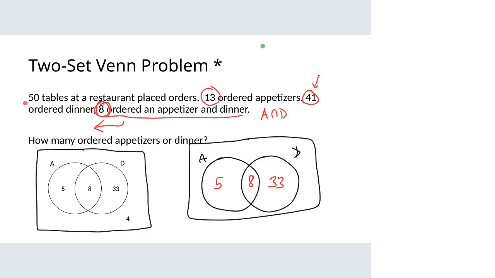Finally, I was told there were 50 tables at the restaurant, so I need 50 tables in my diagram. So I'm going to see how many I have so far. That's 5 and 8 and 33. That's 46, which means there are 4 tables that haven't been counted yet. They go out here in region 4 to finish it off, and they didn't order appetizers or dinner. They must have ordered something else. And that's how we got this picture.